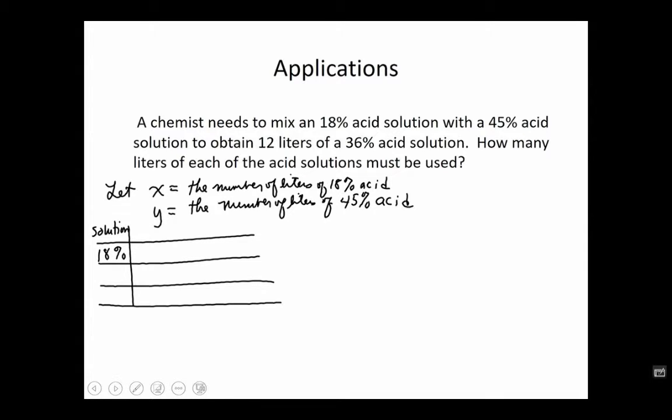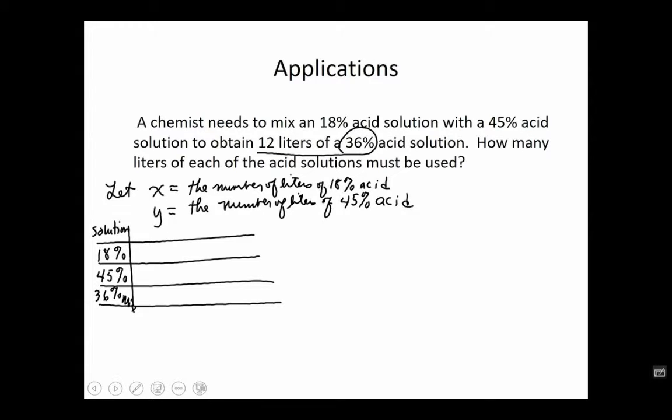We also have a 45% acid solution, so let me identify this as the 45% acid solution. And we want to obtain 12 liters of a 36% solution. So the 36% mixture is what we want.